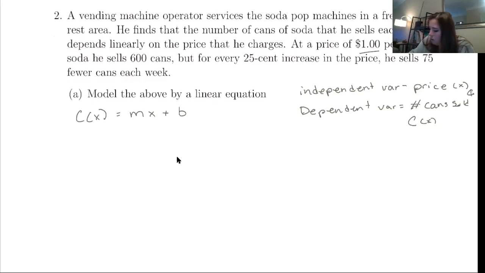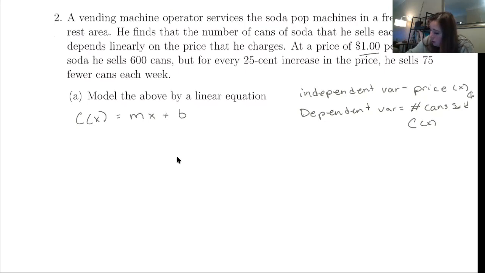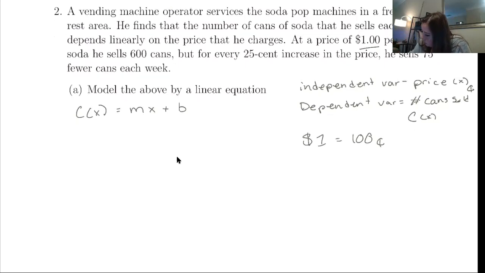Cents, right? So when I say $1, that's 100 cents. Remember, the little c goes after it when you're doing cents. So at $1, I'm going to sell 600 cans.